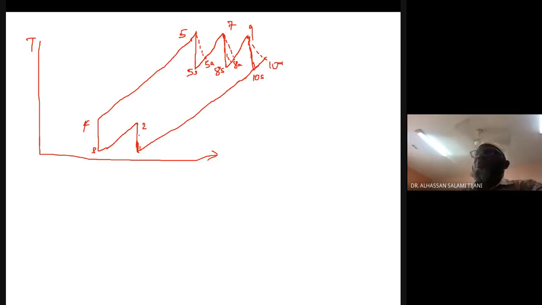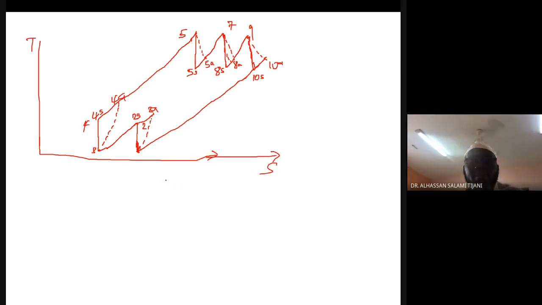All right. So similarly, the same thing for the compressors. This is 4S and 4A. And then we have over here also isentropic expansion, and this is the actual expansion, 2S, 2A. So this is the temperature entropy diagram for the cycle.